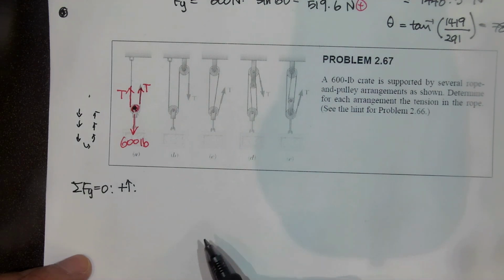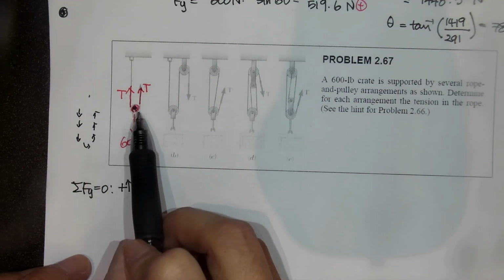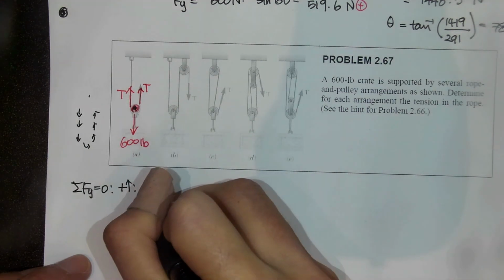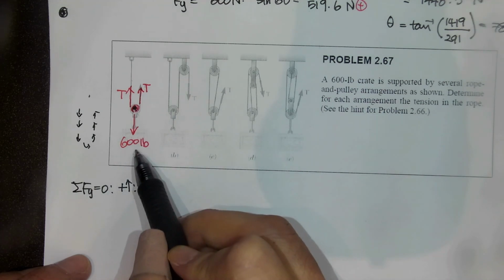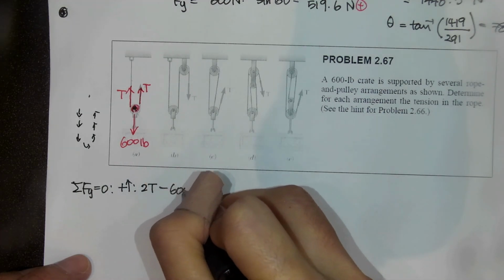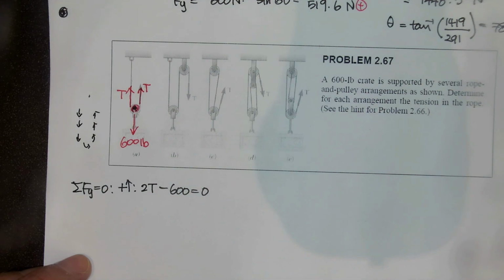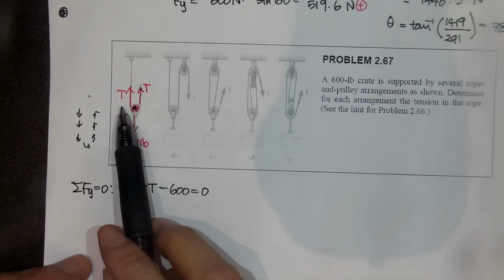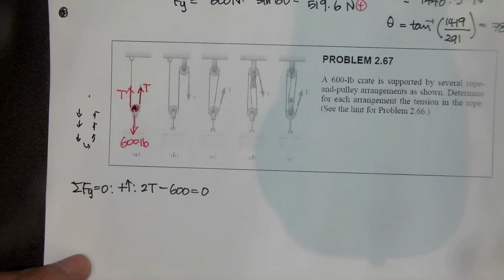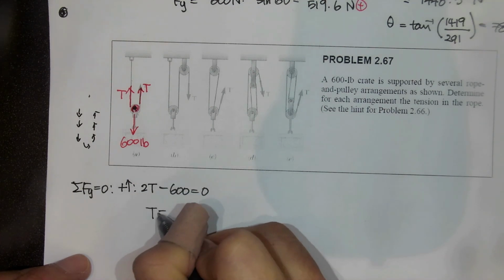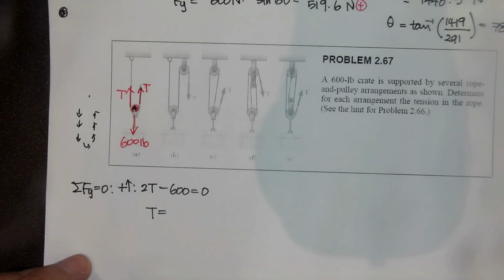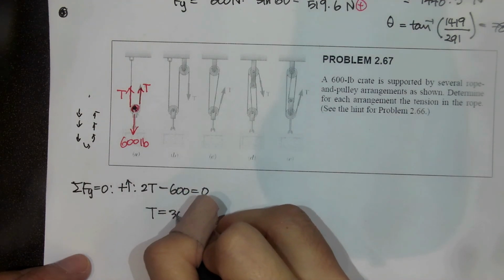If upward is positive, we have 2T upward, 600 downward, so I use minus. And then the sum of all three forces equals 0. So that's the equilibrium equation. Now, solving this equation is easy for us, right? So it's 300 pounds.